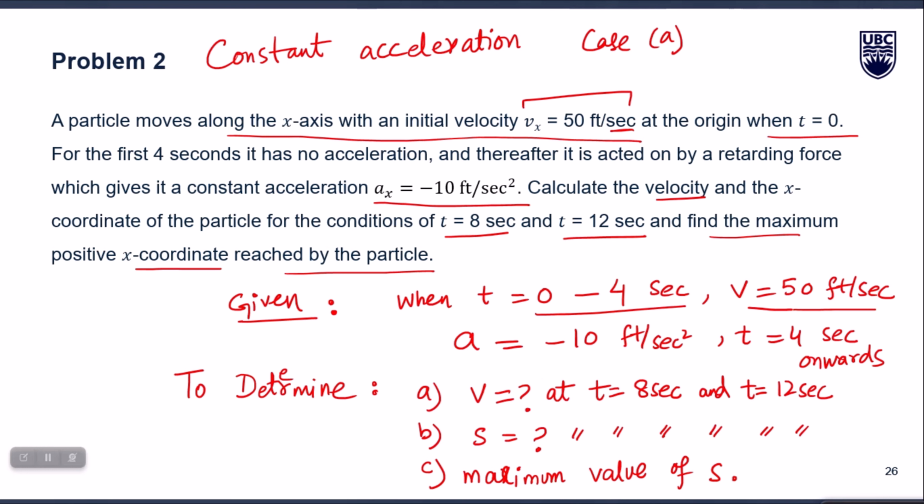Solution technique should be to integrate 2 times and get the velocity and displacement versus time relationships, and then we can answer all questions like what will be the velocity at that time, what will be the distance corresponding to this time, right? So let's start with the first thing, which is value of v needs to be determined at t equal to 8 second and at t equal to 12 second, right?